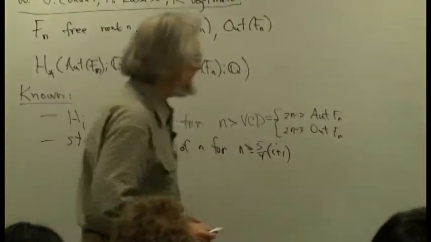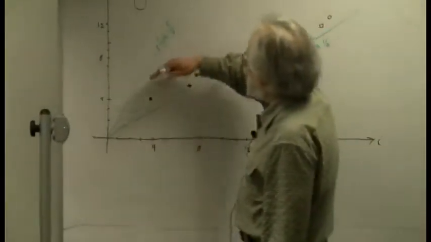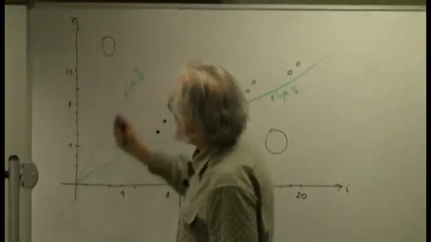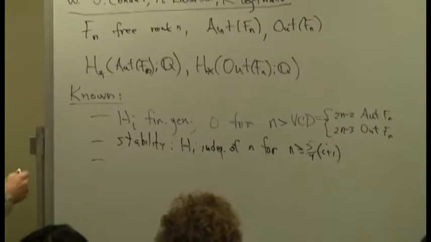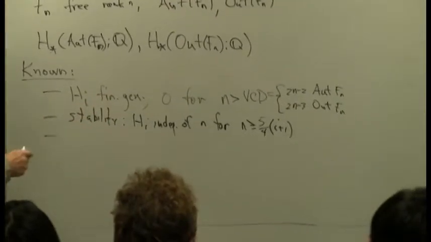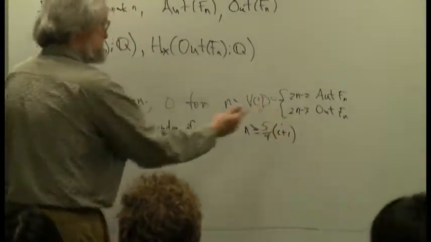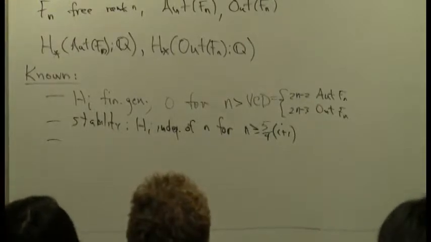So slope 5/4. That's this line here. So if you go vertically far enough up, the groups you get are independent of n. Stability is known, even with integer coefficients, although with integer coefficients, the known range is not quite that strong.